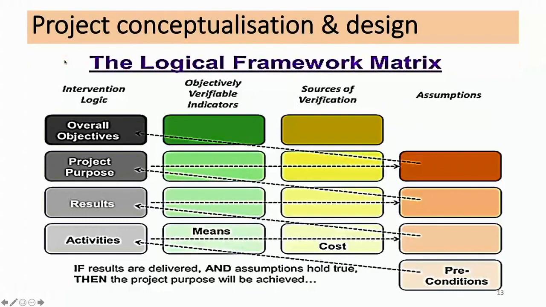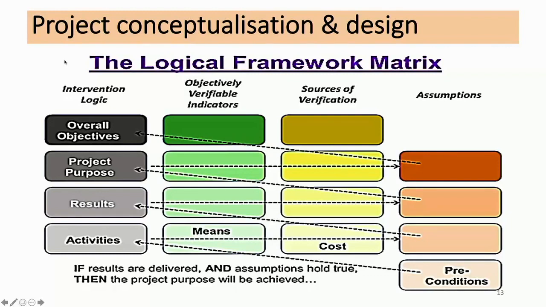If we look at the full logical framework, it's a 4-column, 5-row structure. We start reading it from the bottom upwards.